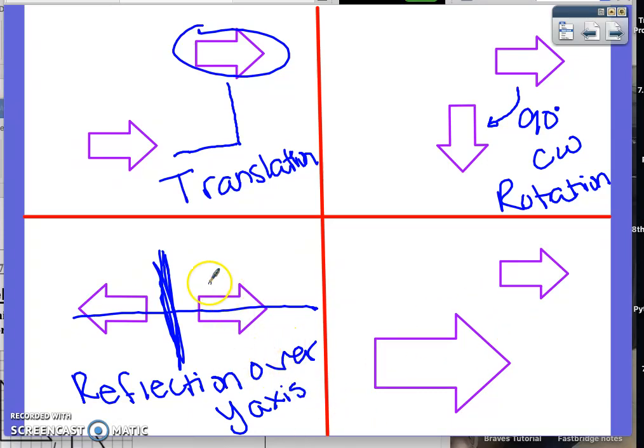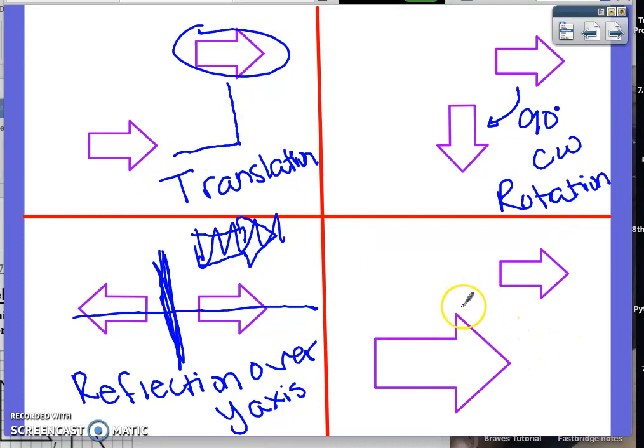If I were to flip it over my x, I'm not going to be able to draw this very well. You wouldn't be able to tell it being reflected over your x. Just saying. This one could be a reflection, but it's not.